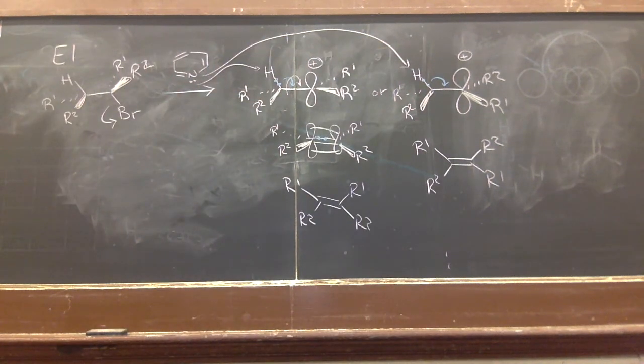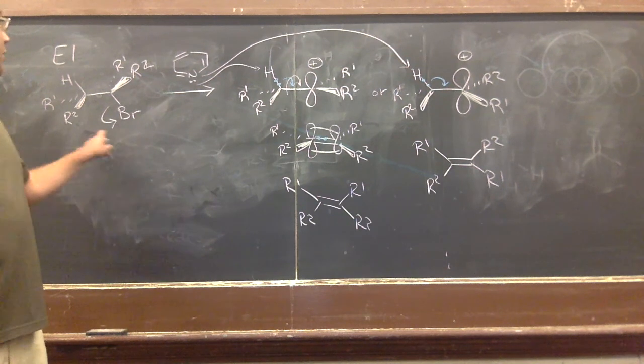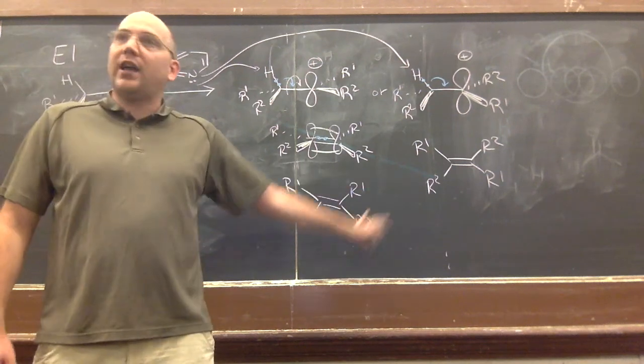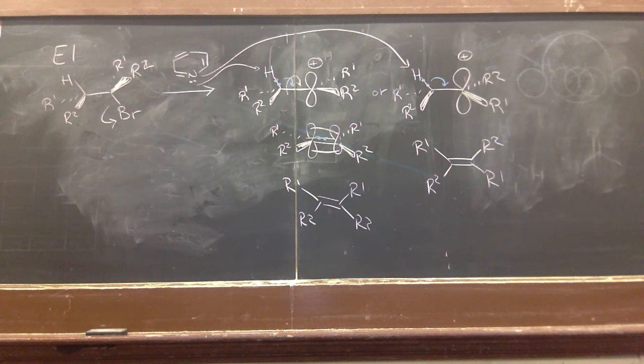So knowing that this is the mechanism through which these transformations take place, we haven't really defined what R1 and R2 are here. But, yes? This is an E1 reaction. These are the two possible products, and I haven't defined what they are, but you can clearly see that either one of these can form.